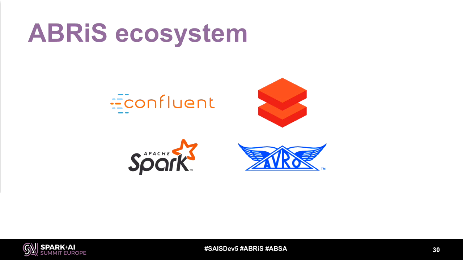So as I mentioned, what was motivating our use case was this Confluent platform, because this is our Kafka distribution. Also, the Databricks original Spark Avro library. Spark, of course, and the original, let's say, or official Avro library.